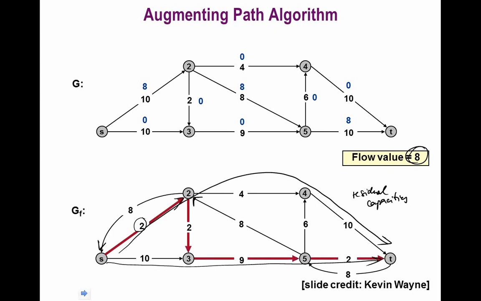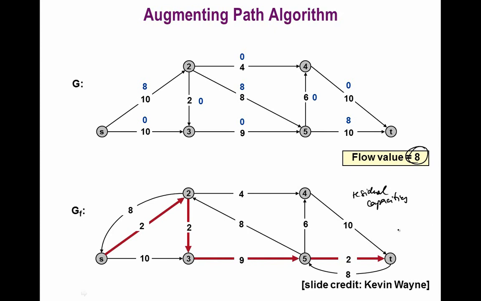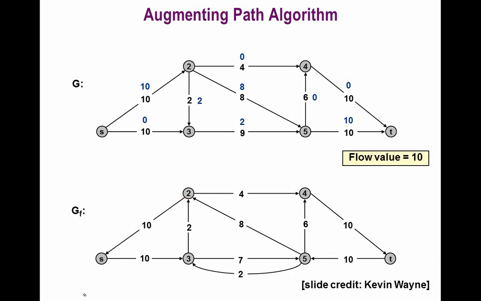Okay, this is also a path which permitted us to still send flow in the forward direction. If you look at the current bottleneck, it is 2. So we update the value of the flow, which is now 10, and we also update the residual graph, which has happened at the top.